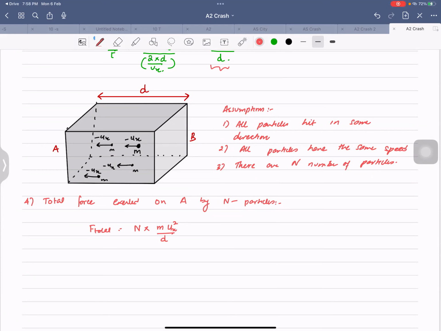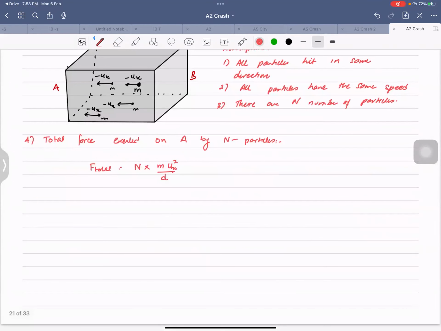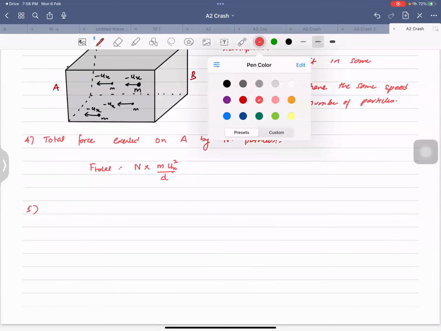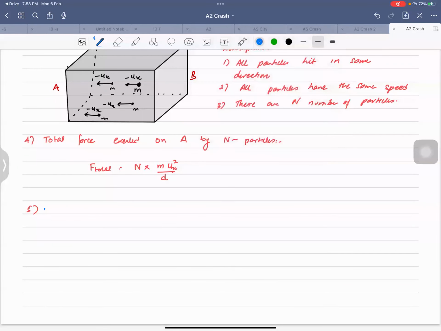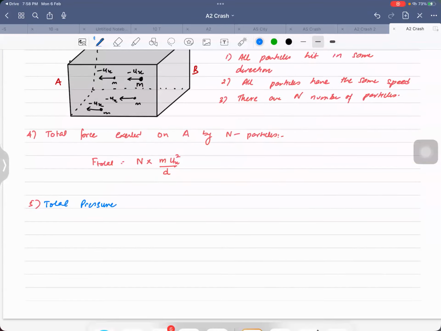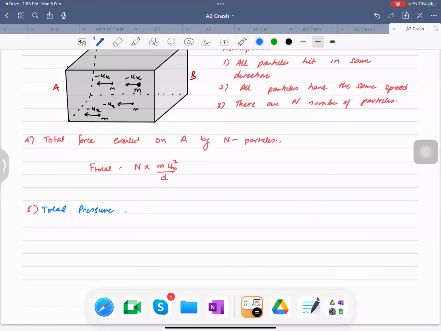Then the last thing in one-dimensional movement we're going to do is total pressure on wall A. So pressure is given by force over area.